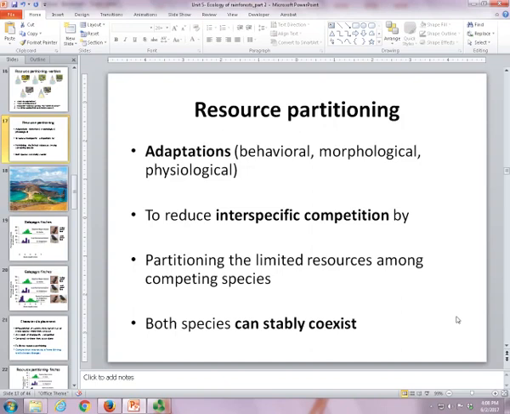So it's an adaptation. It could be behavioral or morphological or physiological, and this adaptation is reducing the interspecific competition. So this is between different species, right? And they partition the limited resource to reduce the competition so both species can coexist.